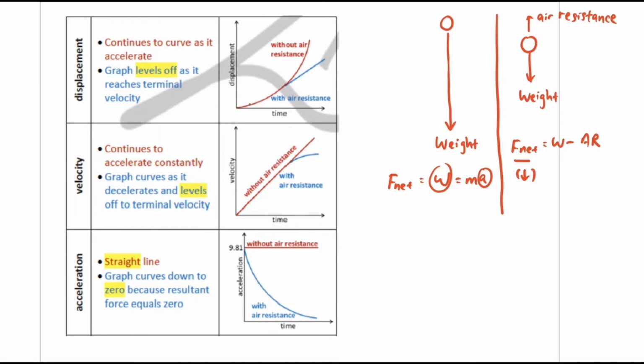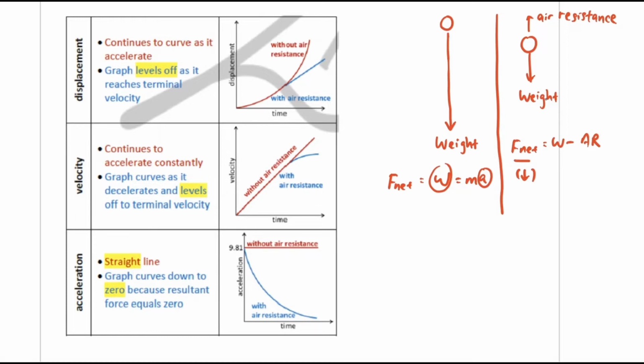If you still remember, if acceleration is happening, the graph of s versus t is a curve. If there is air resistance acting on the object, look at the blue sentence here: the graph levels off, meaning it becomes a straight line, as it reaches terminal velocity. So the graph is a curve at the beginning and then a straight line afterwards.